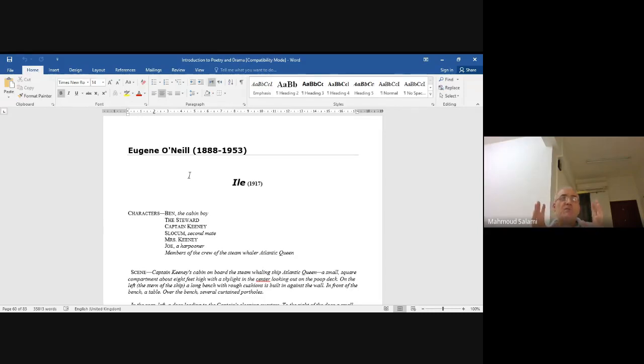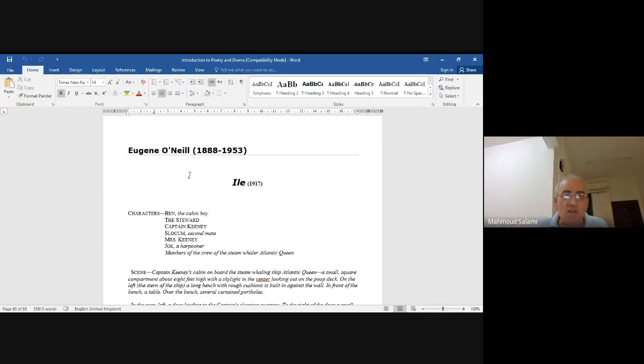As you can see, it's a one act play, a short play, and there are only a few characters: the captain and his wife, and some members of the crew. Here are the characters: Ben, the cabin boy, who is like a servant, and the steward, also like a servant. Captain Keeney, he's the man. Slocum, his second mate, and Mrs. Keeney, his wife.